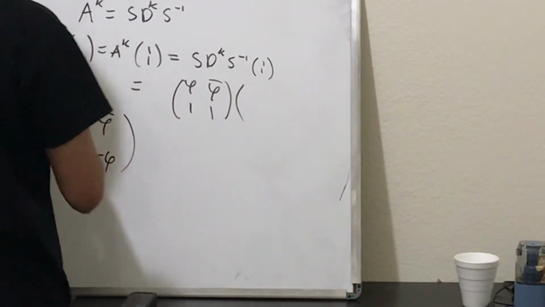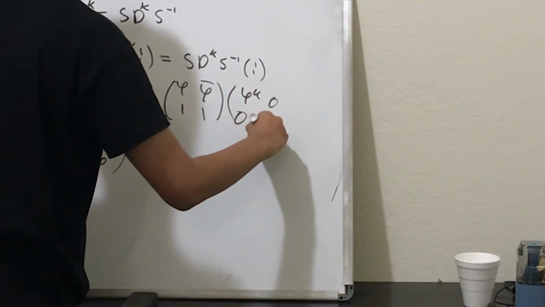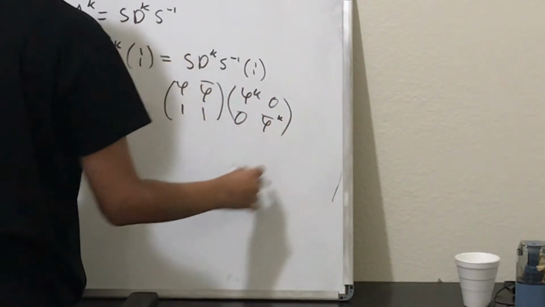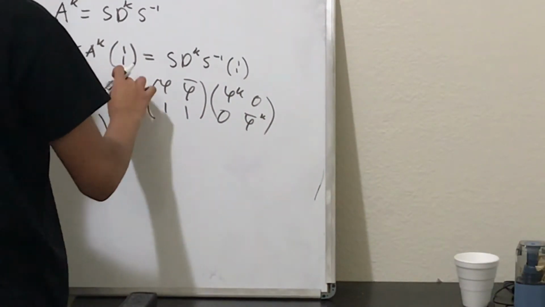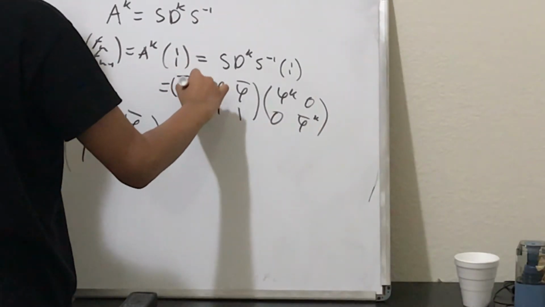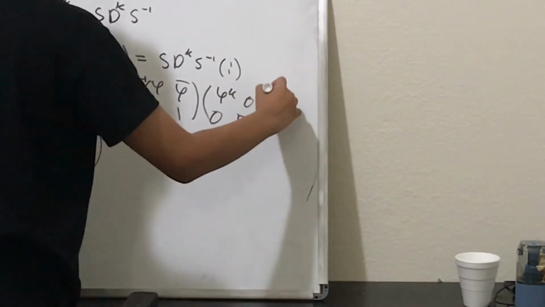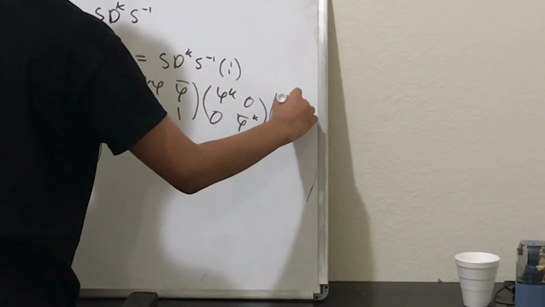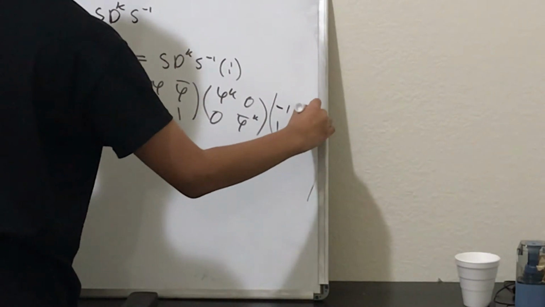Our d to the k is gonna be phi to the k, 0, 0, phi bar to the k, because of that property we discussed earlier. Our S inverse is gonna be (phi bar minus phi) to the negative 1, times negative 1, phi bar, 1, negative phi, applied to (1, 1).